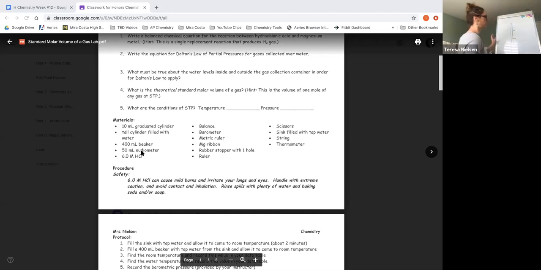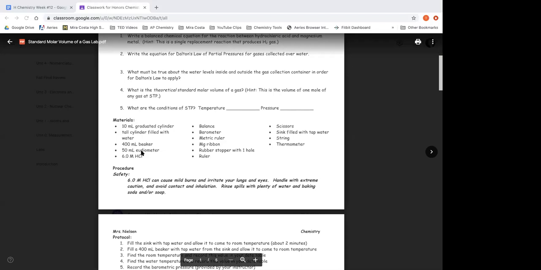We use it to measure gases because gases are going to go to the top, right? And so when gases bubble up to the top, then we can measure their volume because it's numbered upside down. And you're going to put this into water. The reaction would be done underwater.